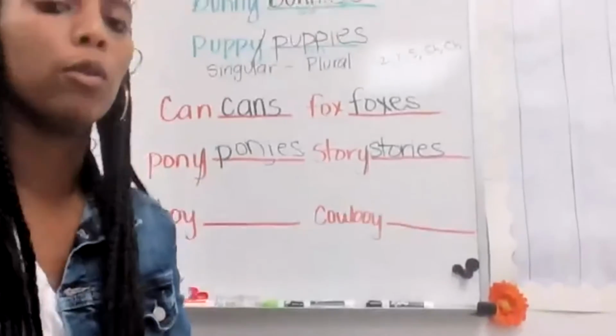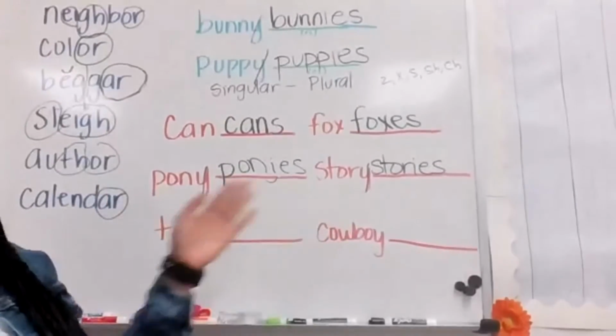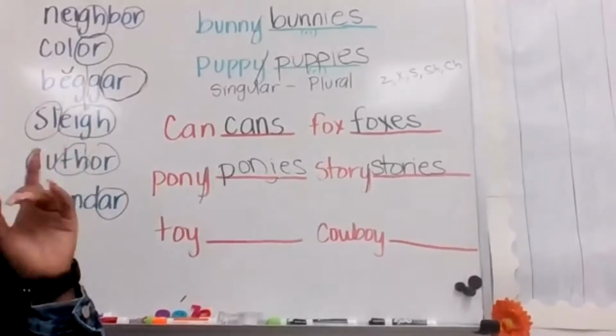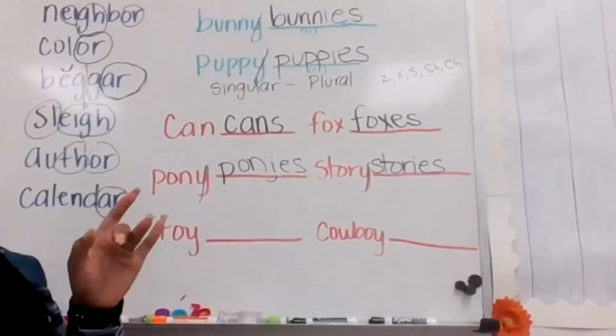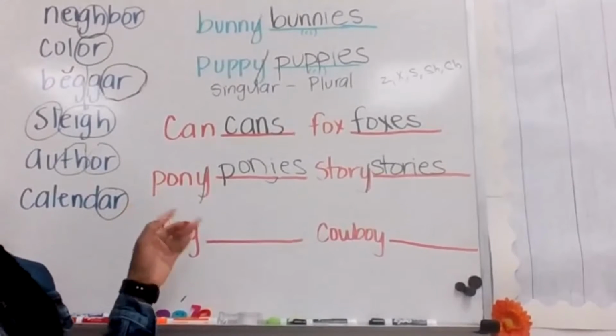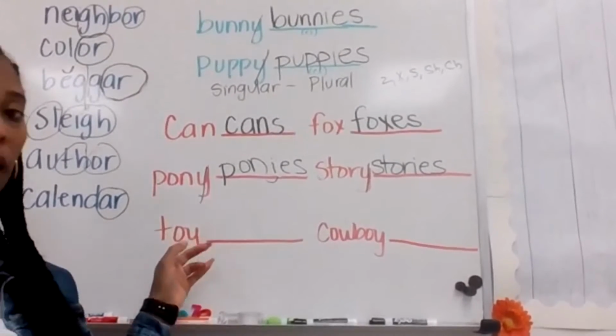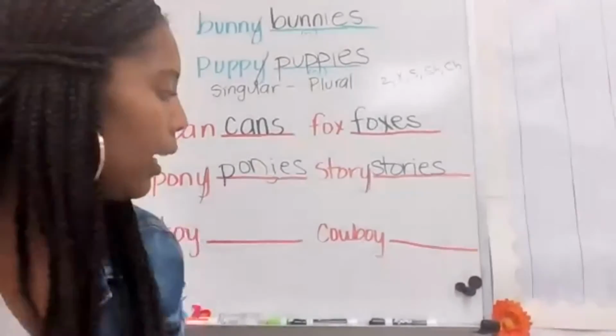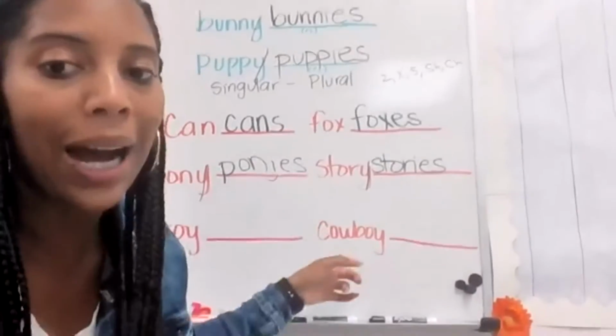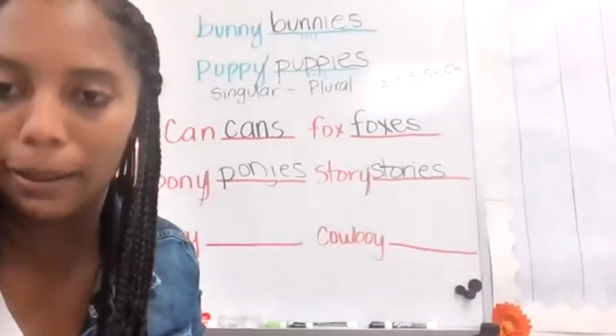Now look at the bottom two. I have toy and I have cowboy. Now these are different, okay? These are different because in toy, that Y is a part of a special sound. And even with cowboy, that Y is a part of the special sound OY.